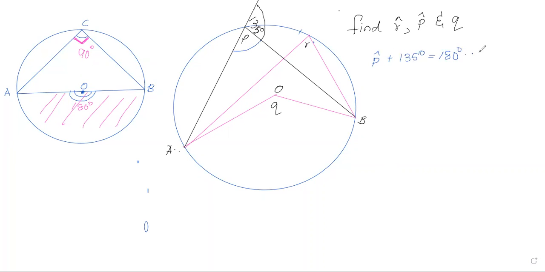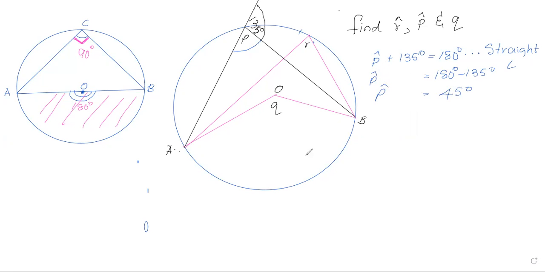And the reason is that a straight angle is formed there. Therefore, P is equal to 180 minus 135, and that will give you 45 degrees. Angle P is equal to 45 degrees.